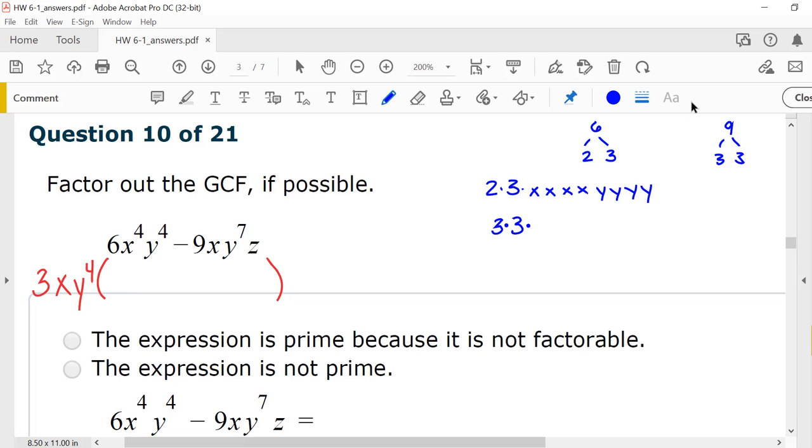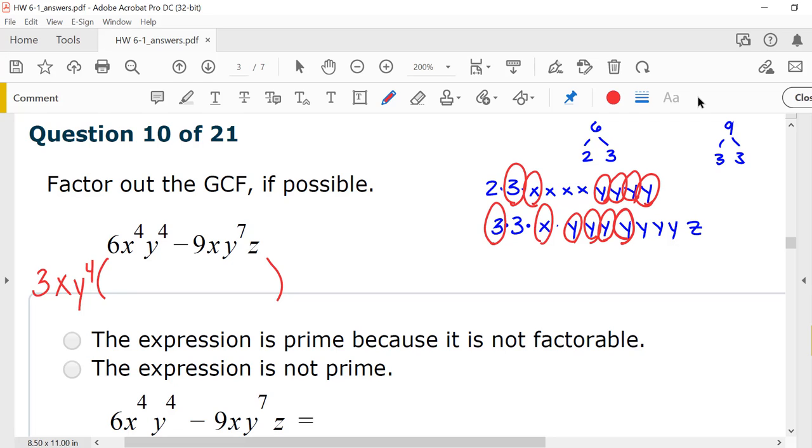So I have 3 times 3 x, 7 y's, and a z. Okay, what all is in common? A 3, an x, 1, 2, 3, 4 y's. So my GCF is 3x y to the 4th. And that's what I pulled out here.